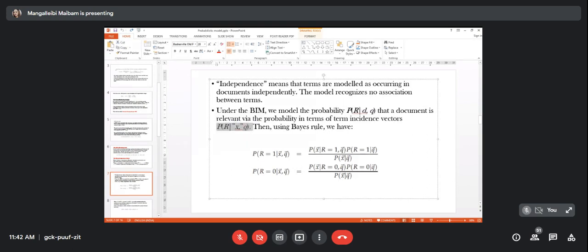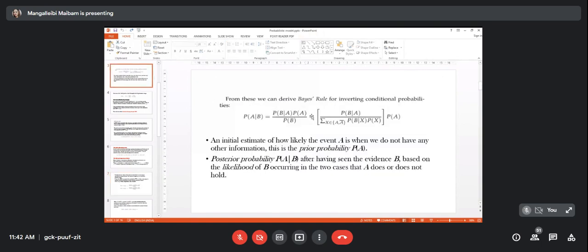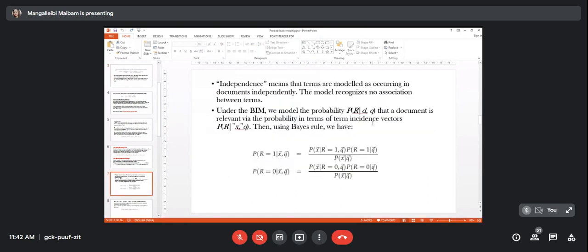Using the Bayes rule, which you have done, we will be rewriting this formula in the form of vectors, for two conditions. First condition for being relevant, and second condition for being non-relevant. R equal to 1 says the document is relevant.